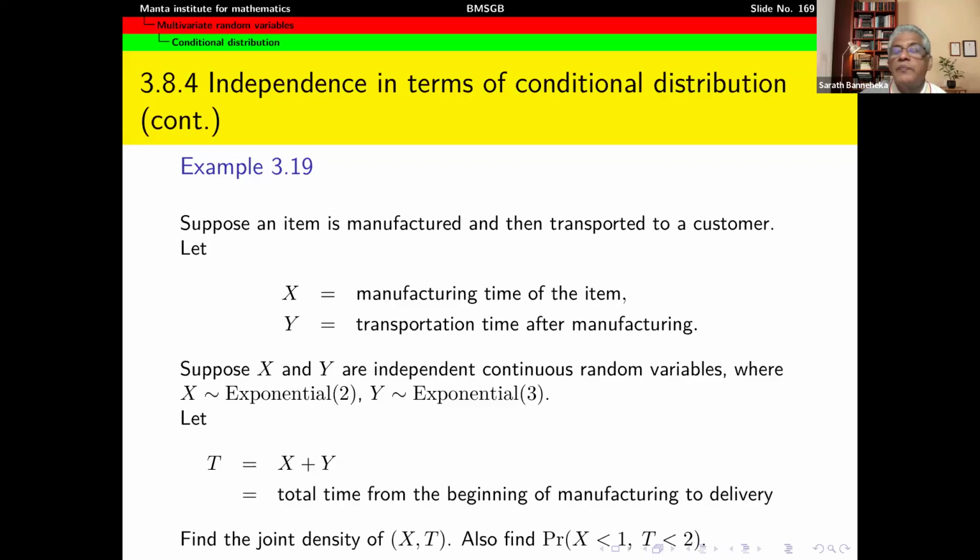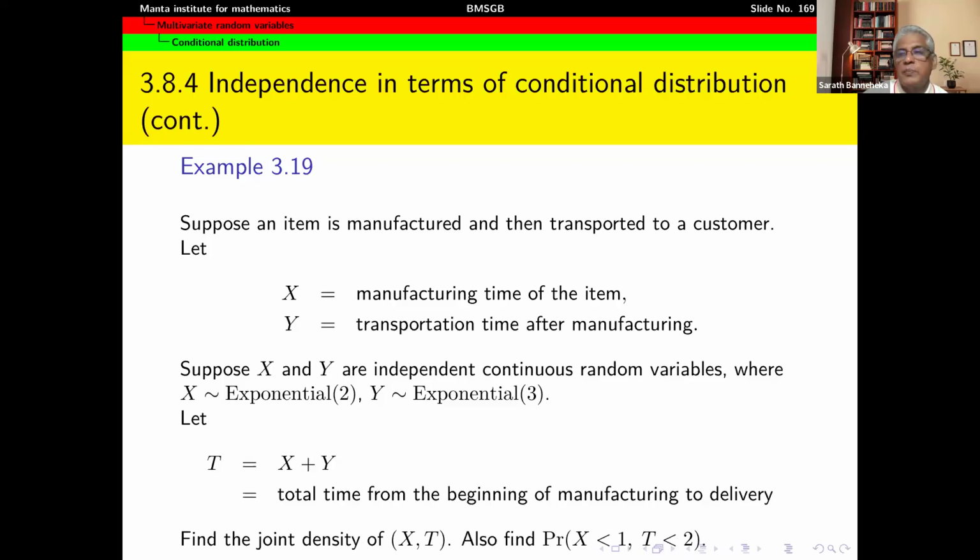Then X plus Y will be the total time, for some products, from the start of manufacturing until it comes to the customer, right? So suppose we want to find out the joint distribution of X and that quantity, the total time.